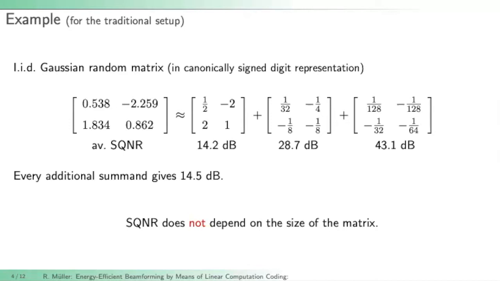Here you have some 2 times 2 matrix, and you approximate it by a quantized version with signed powers of 2, and then for any additional summand, the average signal to quantization noise ratio improves. Here every additional summand gives 14.5 dB, because this is the canonical signed digit representation. Since everything works only element-wise, the size of the matrix doesn't matter here.